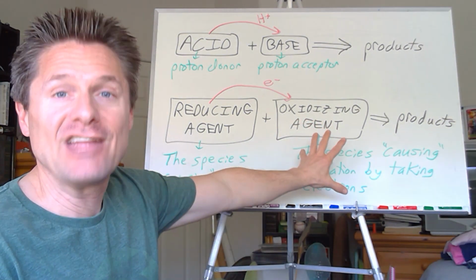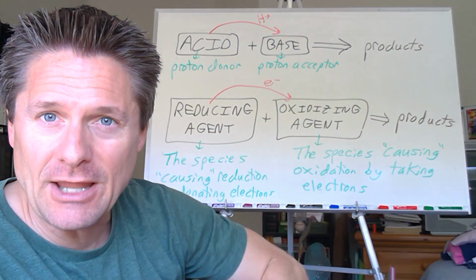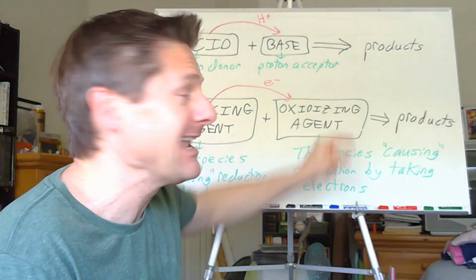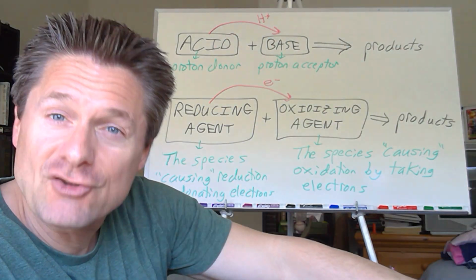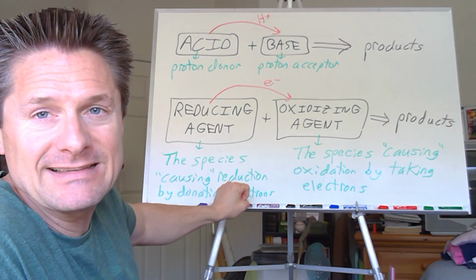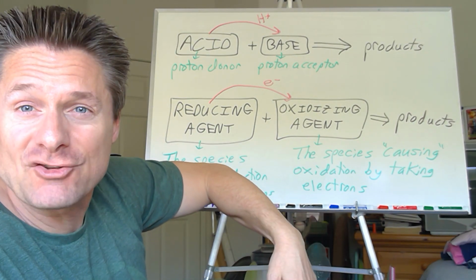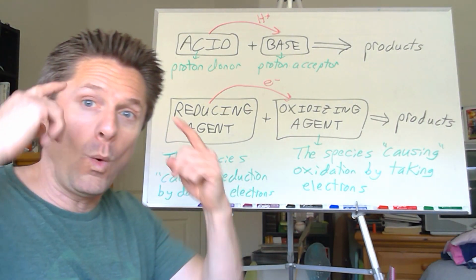So the oxidizing agent is the entire species, usually a reactant, that is taking an electron from something else, which causes an element in the oxidizing agent to get reduced. The reducing agent donates the electron to the oxidizing agent, so the reducing agent is the entire species. And the element in it that lost the electron, the electron source, gets oxidized because it lost the electron.